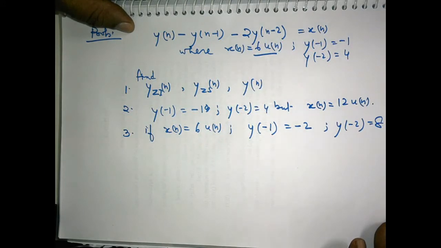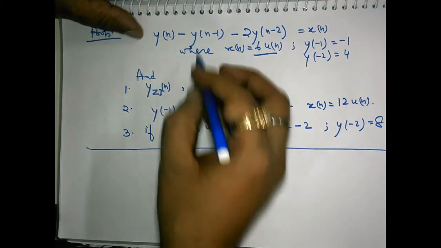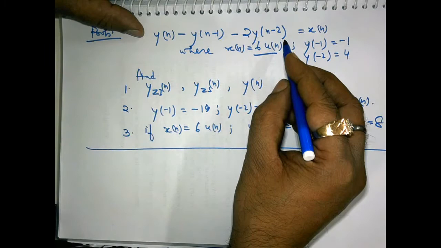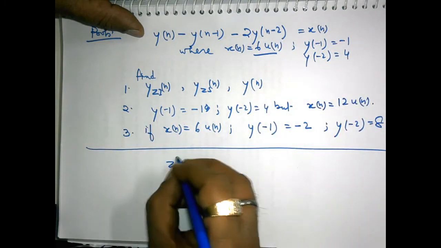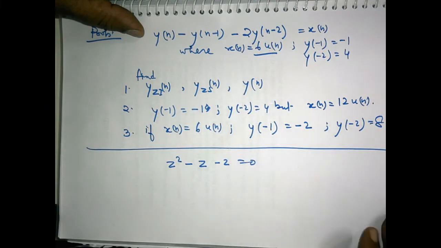So we have to proceed step by step. First we will obtain the natural response. To obtain the natural response, we will set up the characteristic equation. So this will be z² - z - 2 = 0.